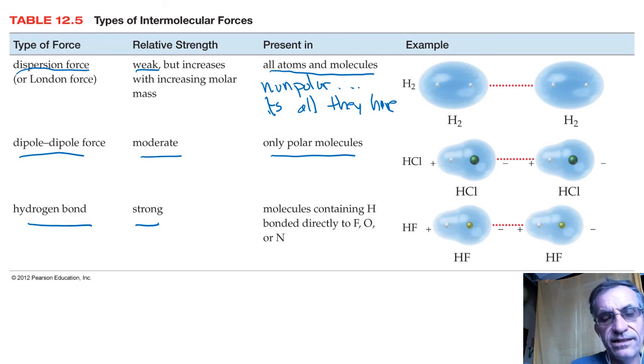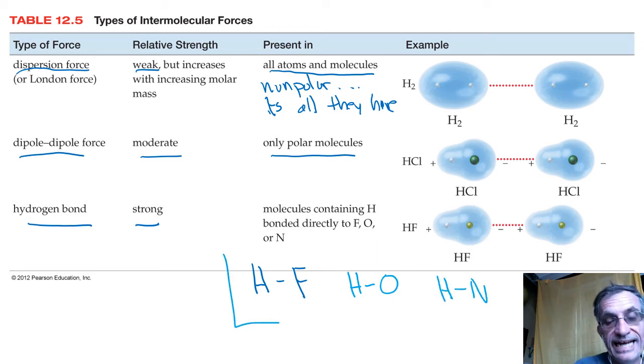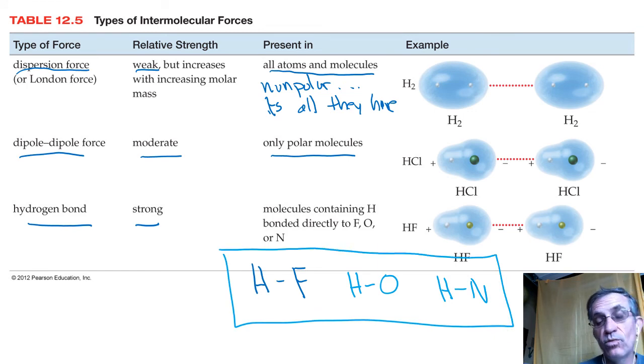And it only occurs when, inside the molecule, you draw out the Lewis structure and you see an HF, an HO or an HN. So if you have one of those as part of what you are, you can hydrogen bond to your neighbor.